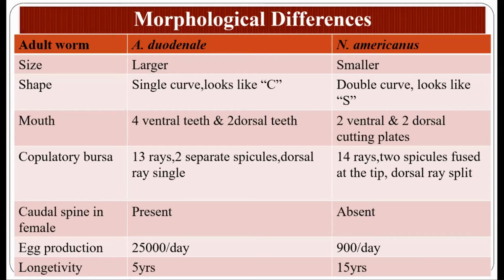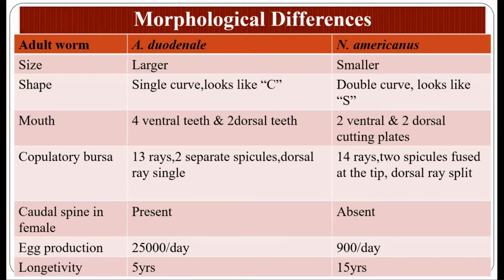Thus, its shape is very similar to that of the English alphabet C. While that of Necator americanus is S-shaped. The curvatures of the anterior and posterior portions are opposite to each other. As a result, it exhibits an S-shape. Adult worm of Ancylostoma duodenale is C-shaped, while that of Necator americanus is S-shaped.